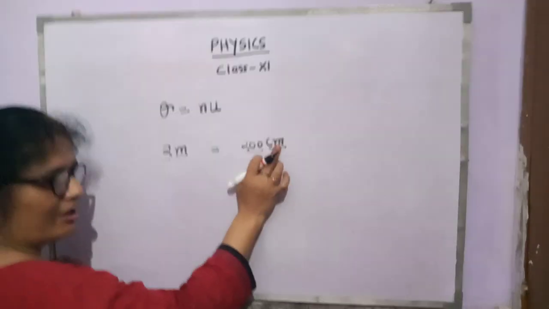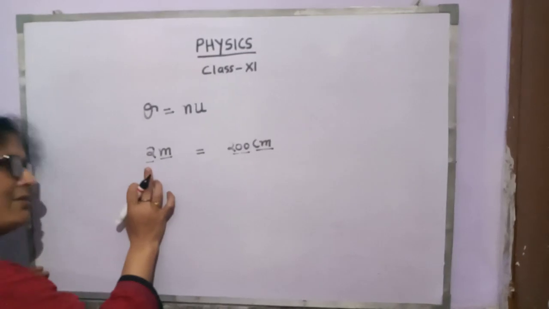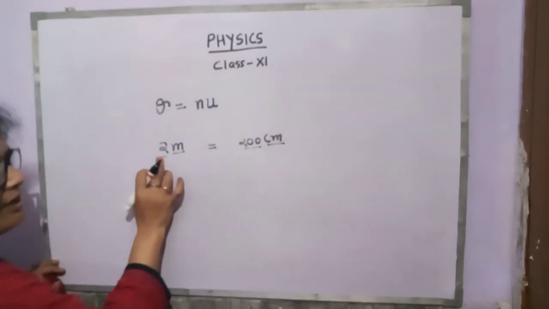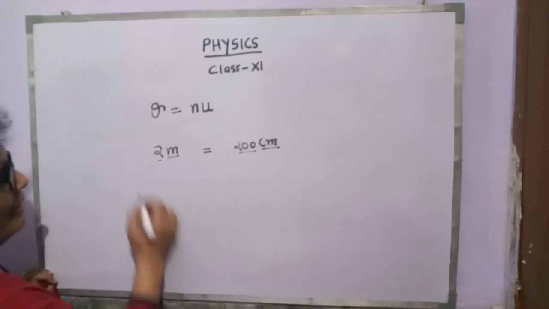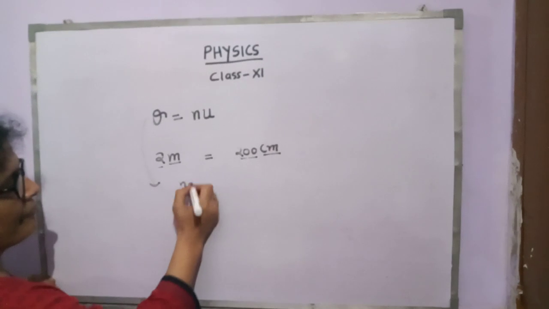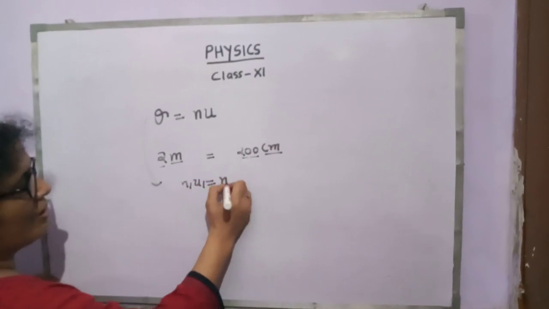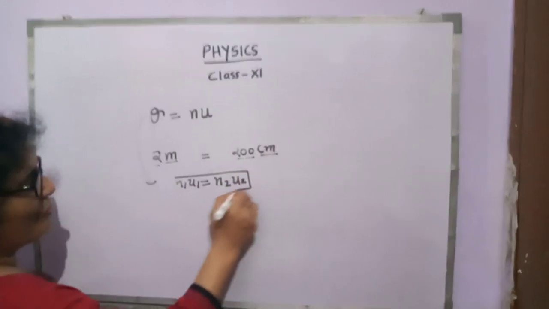The smaller the unit, the more its numerical value. The larger the unit, the less its numerical value, so that their product remains constant. In two units form, you can write this expression as N1 U1 is equal to N2 U2. This is the general formula which should be noted.